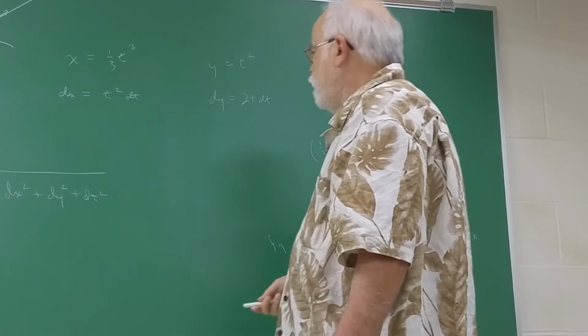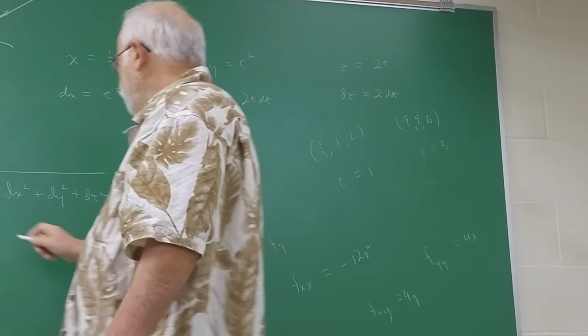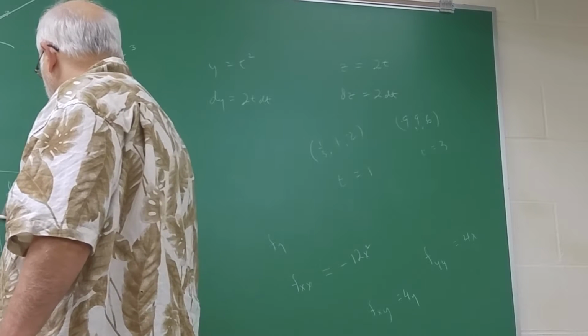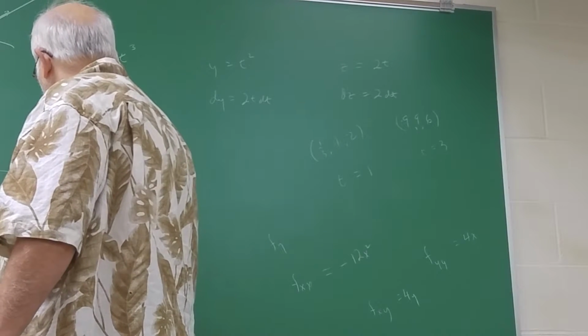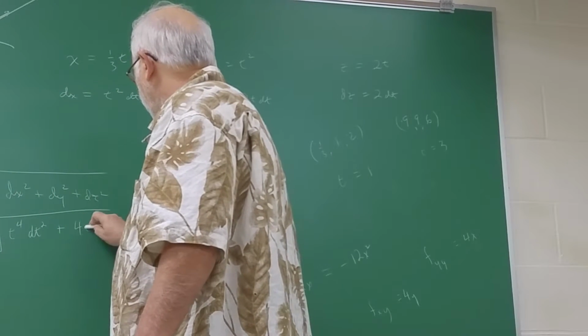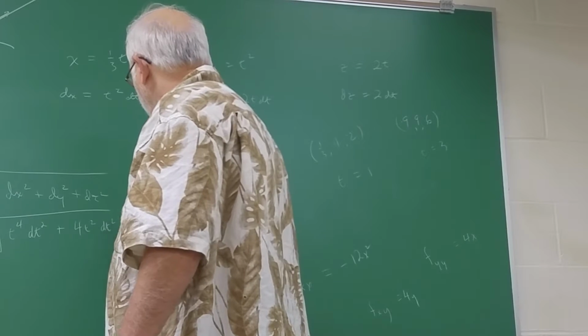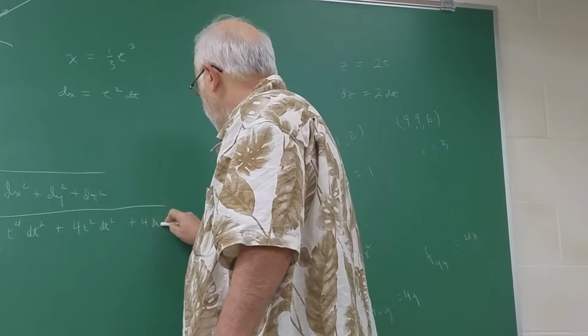All right, well, anyway, so I square and add, and as I do so, I have t to the 4th dt squared plus 4t squared dt squared plus 4 dt squared.